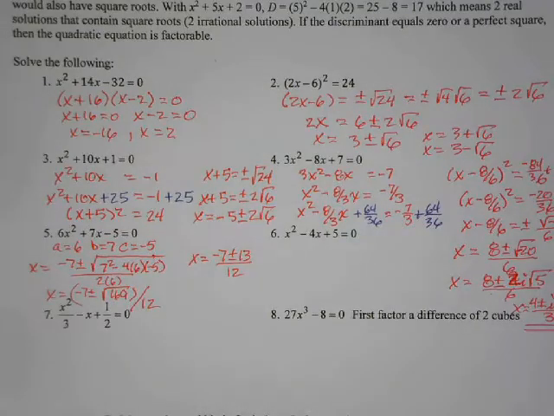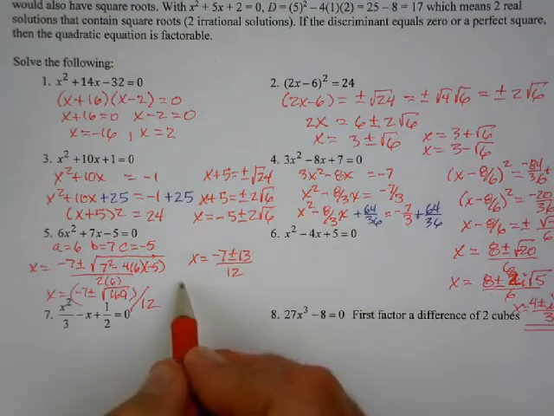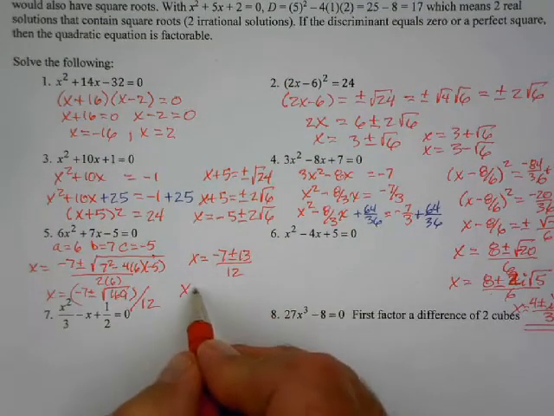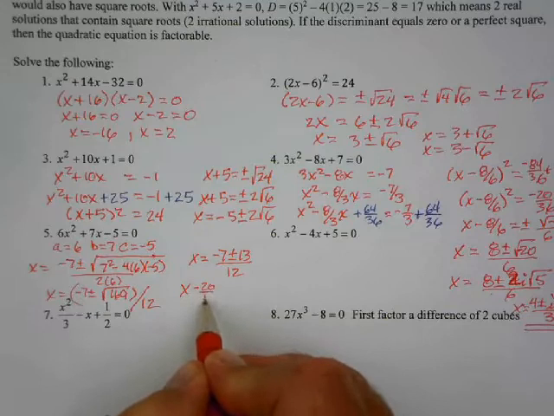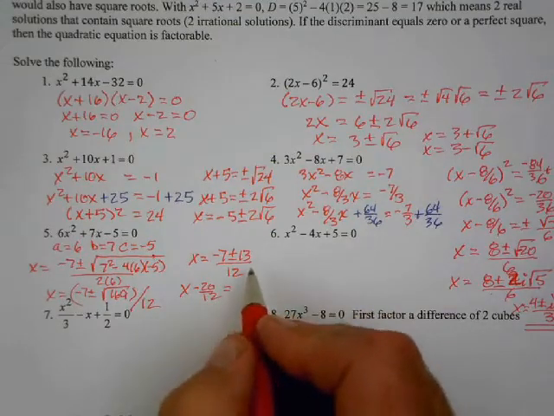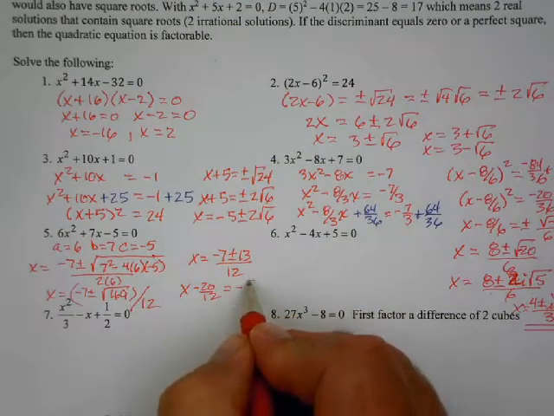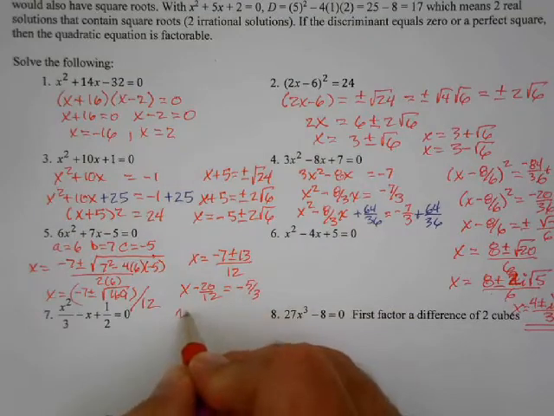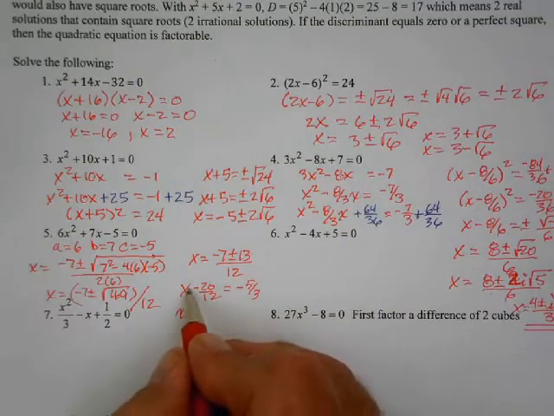So I will have negative 7 subtract 13, which would be negative 20 over 12, which is negative 5/3. And x for the other one will be negative 7 plus 13, which will be 6 over 12, which is 1/2.